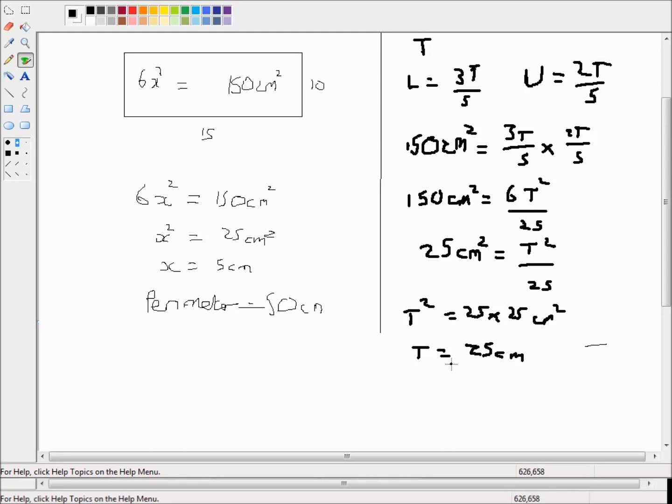Now, that's the total of the length plus the width, equal to 25 centimetres. So the perimeter is just 2 times t. So 2t is equal to 25 times 2, which is equal to 50 centimetres.